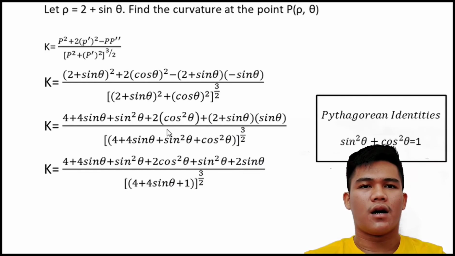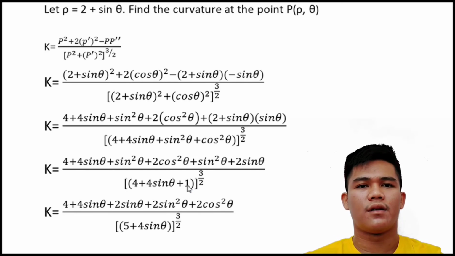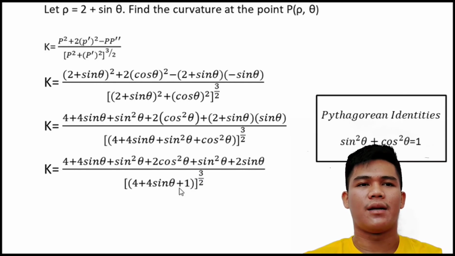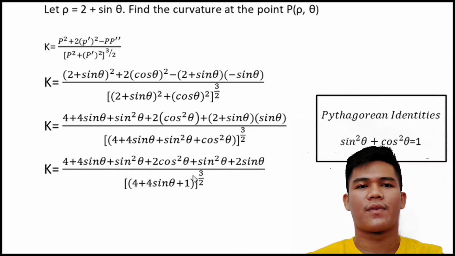In this term, we use the Pythagorean identity, sine squared theta plus cosine squared theta is equal to 1. That's why in the denominator we just have 1 here, because sine squared theta plus cosine squared theta is equal to 1.